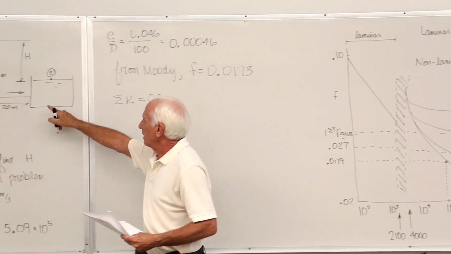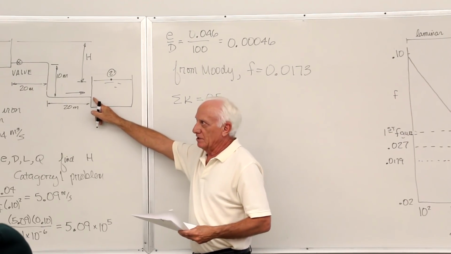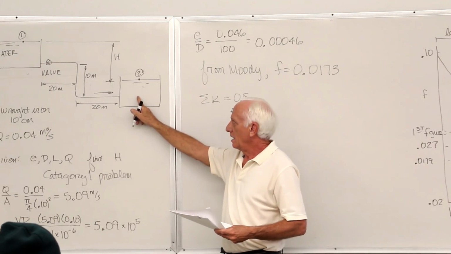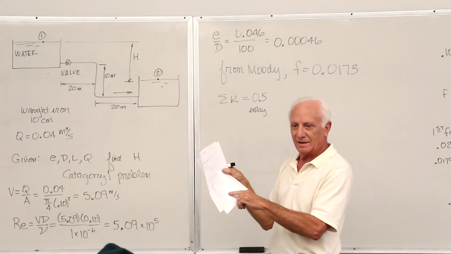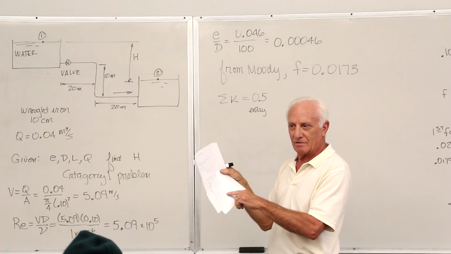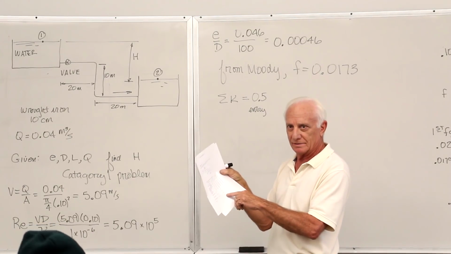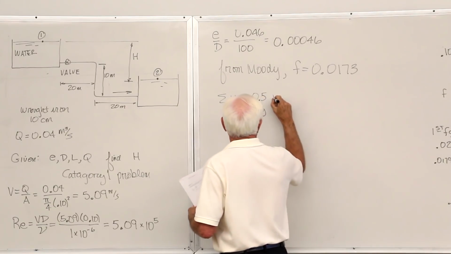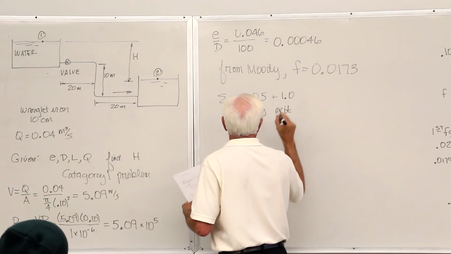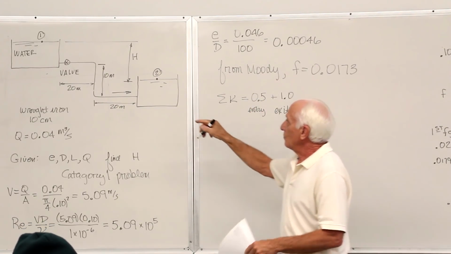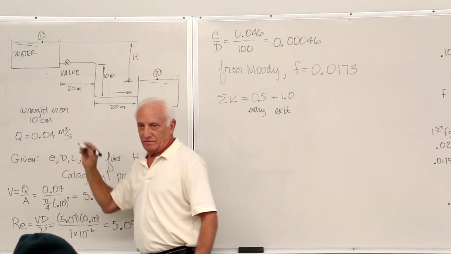By the way, the water comes out of the pipe and goes into the reservoir here. Pipe exit, 1. It doesn't matter if it's square edge or rounded, it's 1. Plus 1. Now we go through a valve.